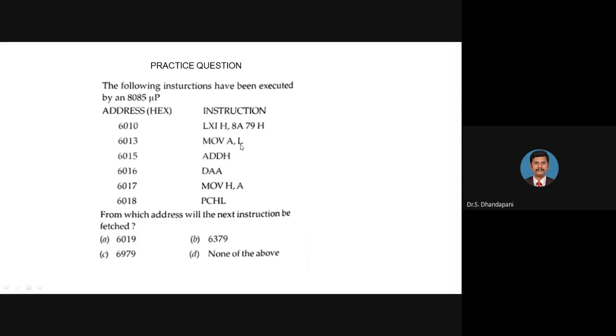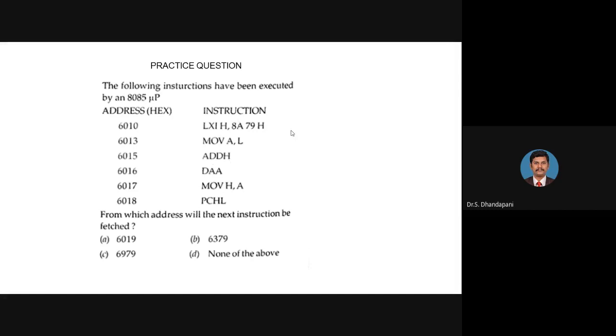Next, we are moving the value of L to the accumulator. After moving the value of L to the accumulator, we are adding H with the accumulator. ADD H means H and the accumulator are added, and the answer is stored in the accumulator.